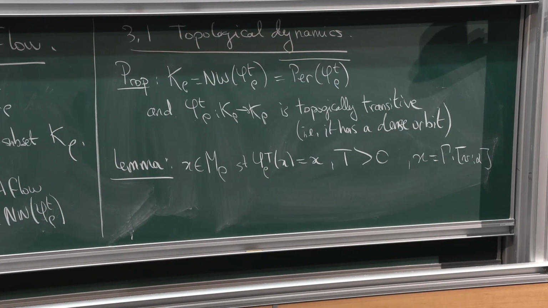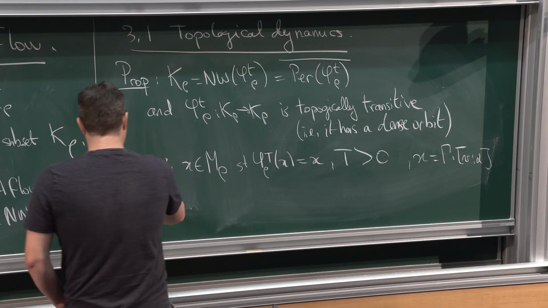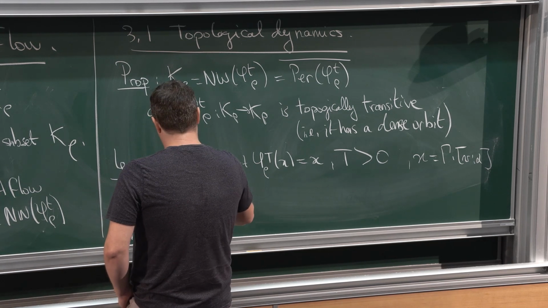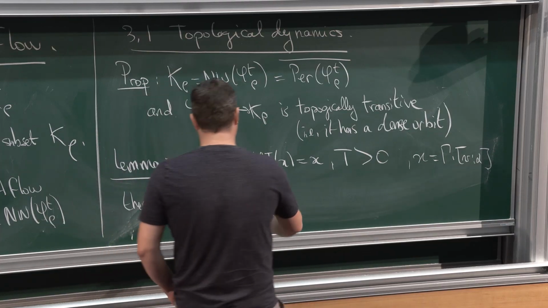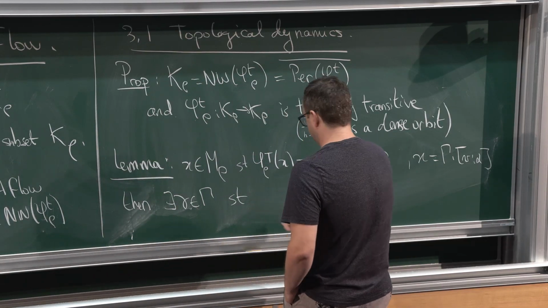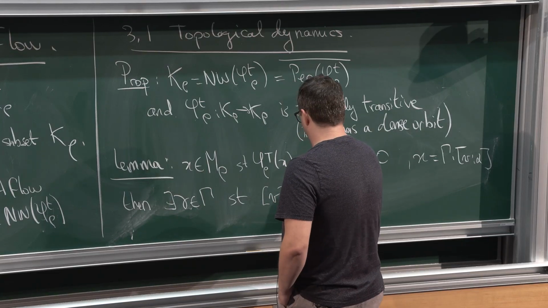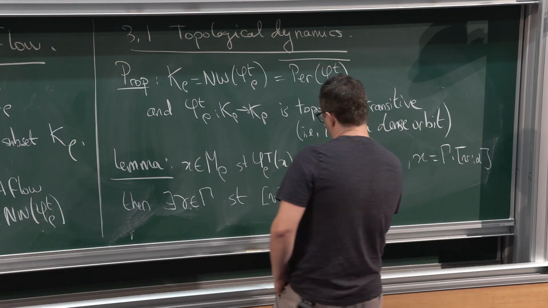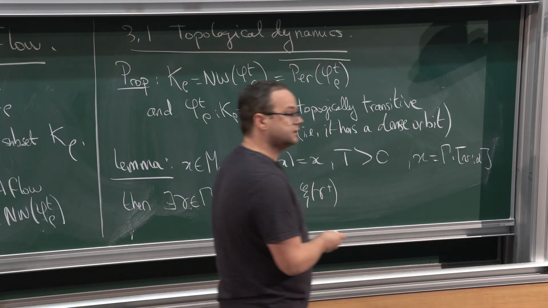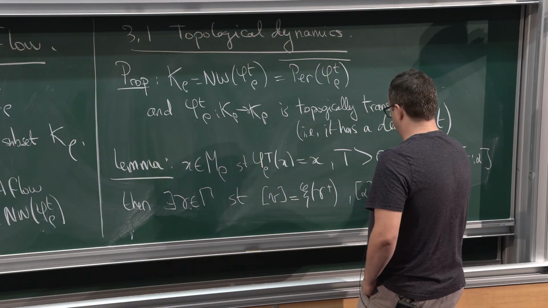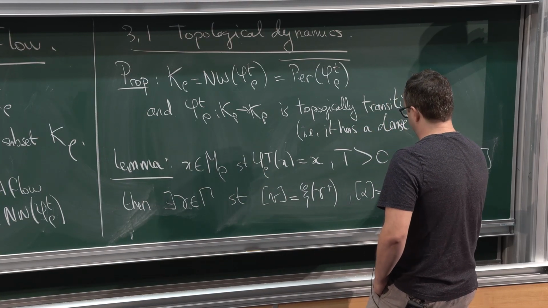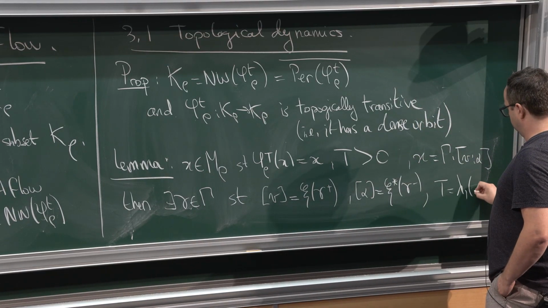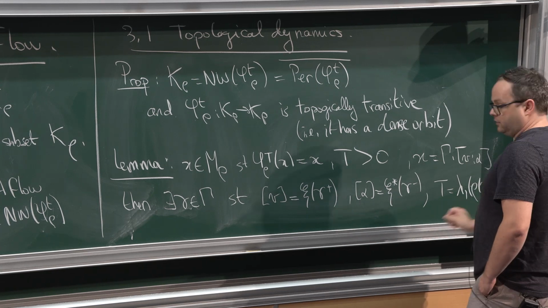Well, then there exists some element gamma such that v is equal to psi of the attracting fixed point gamma plus, alpha is psi star of gamma minus, and t is lambda 1 over rho of gamma.